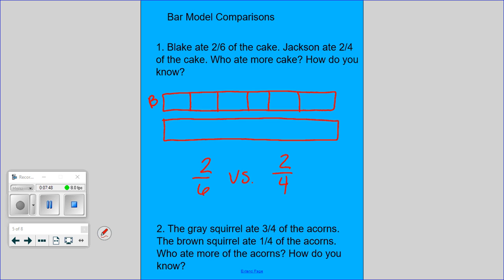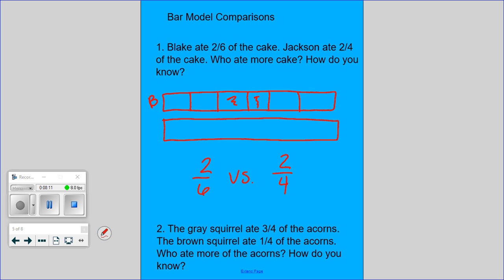Not the denominator. The numerator, which is 2, tells us how many pieces we're using. So we're going to shade in 2. Here's tricky. Pause. Technically, we know I can shade in any 2 boxes I want. I could shade in these middle 2 if I really want to. That still shows 2/6.